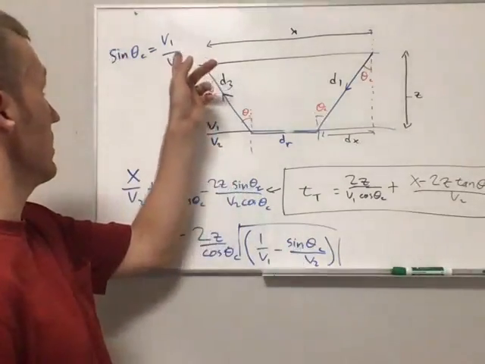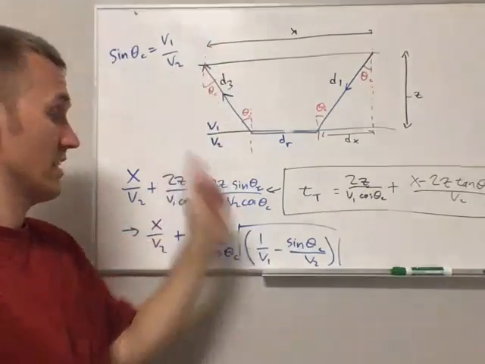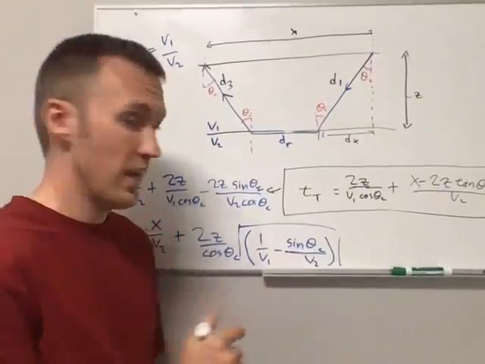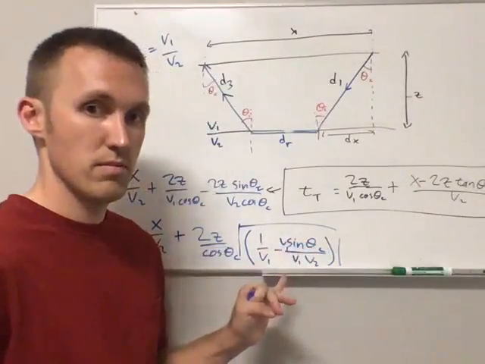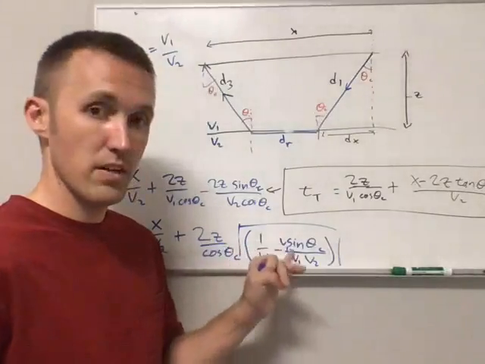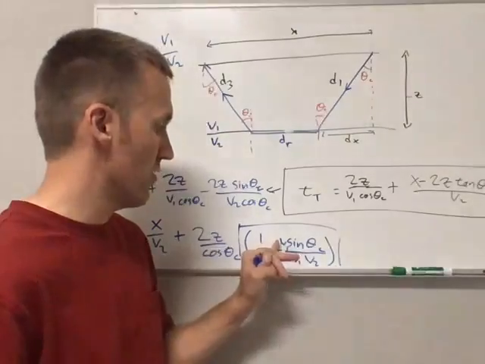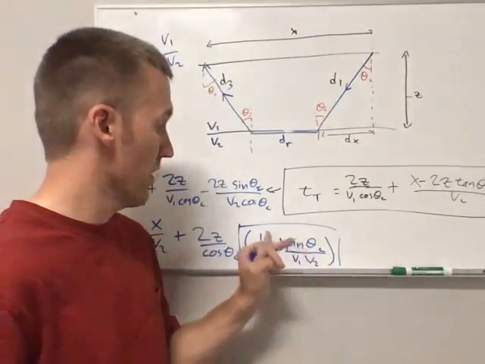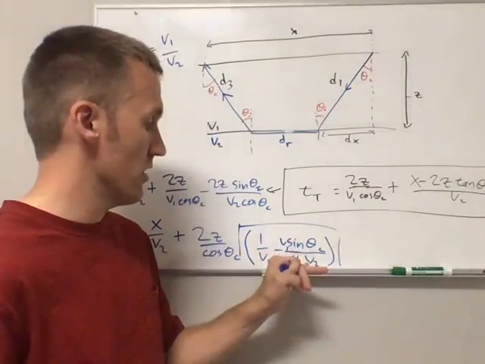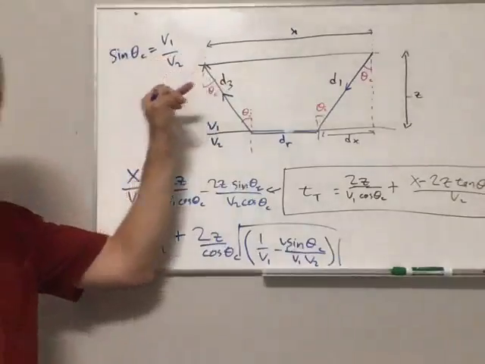We have v1 over v2 equal to sine theta c. If we add a v1 on top and bottom, we can multiply and divide by the same value, and it won't change the answer. So we now have v1 over v1 times sine theta c over v2. We'll take the v1 and the v2, and that gives us v1 over v2 is sine theta c.